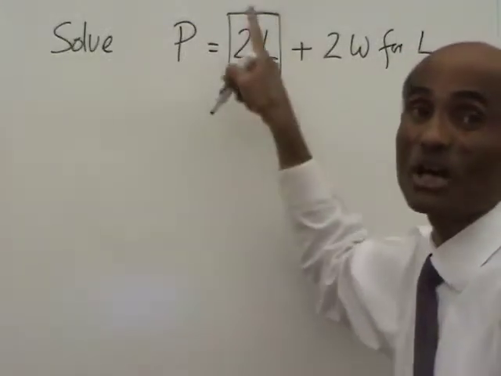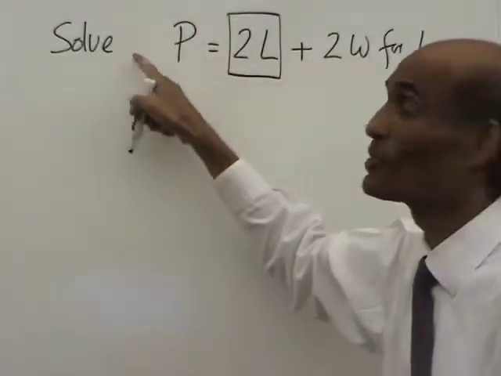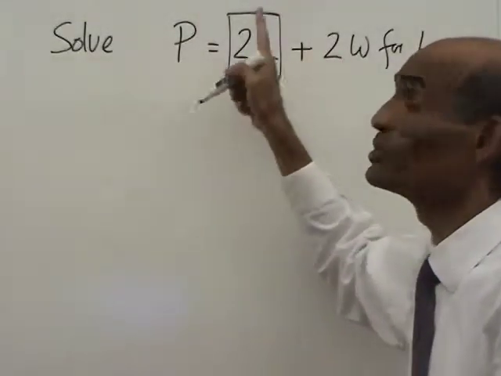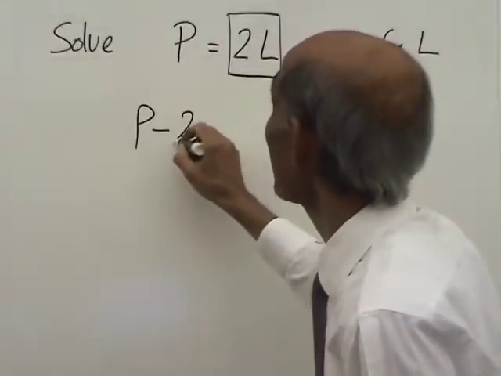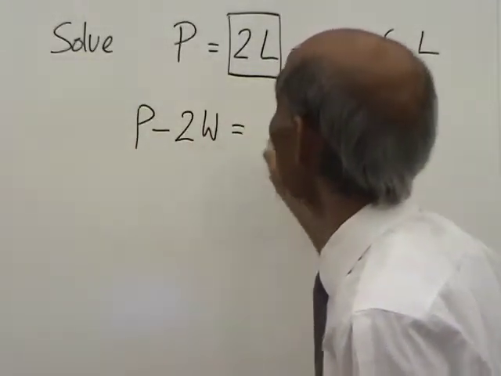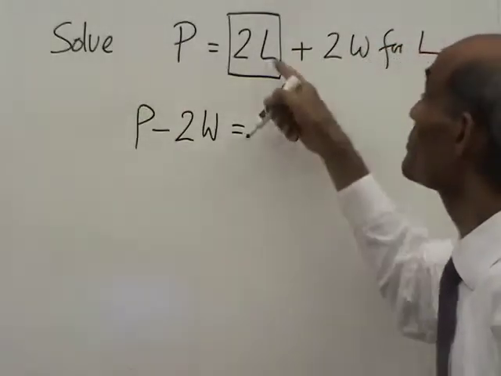Move the other term to the other side. So what does it become? 2W will move to the left, and will become P minus 2W equal to 2L.